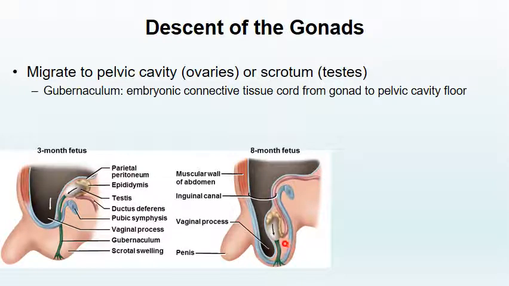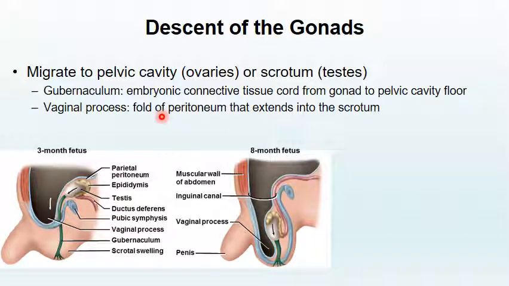We still have our ducts, we still have our testes, and our scrotal swelling is enlarging, so it's looking more like a scrotum at this point. We can see this gubernaculum, still shown here in green, is shortening up. So it's pulling these testes down into the scrotal sac and giving us more of that developed appearance.